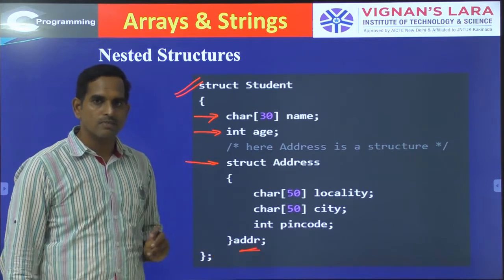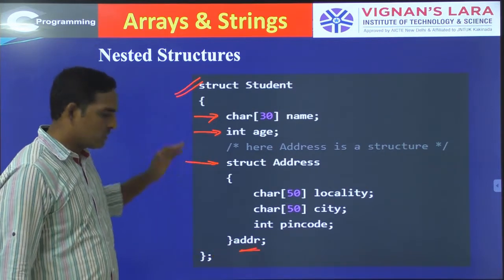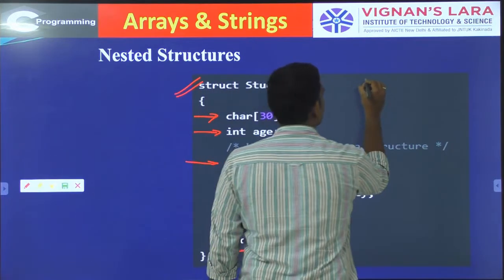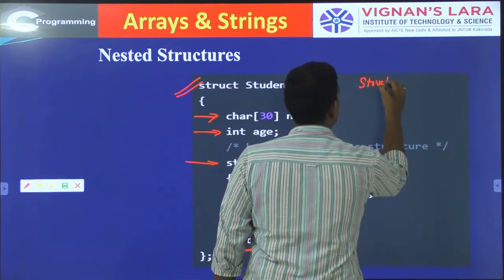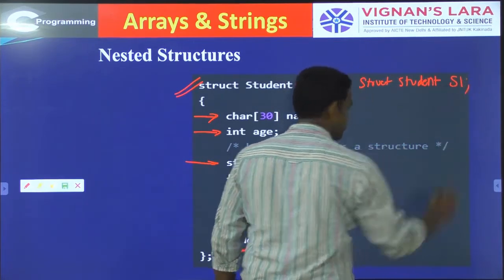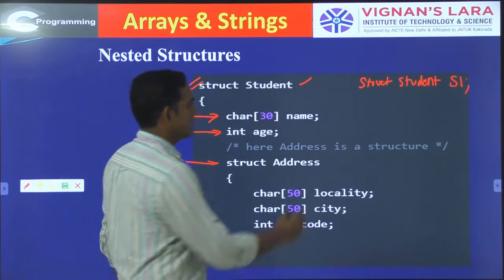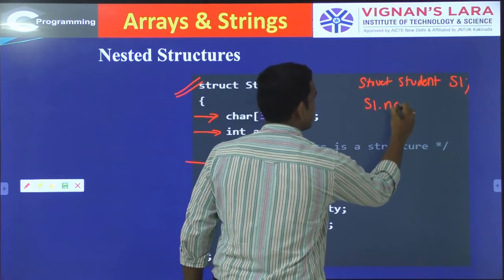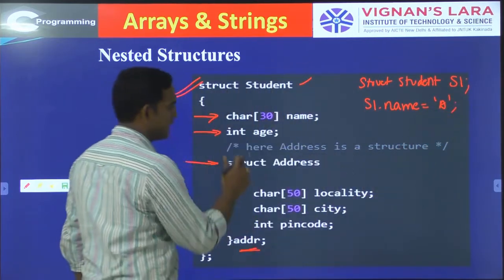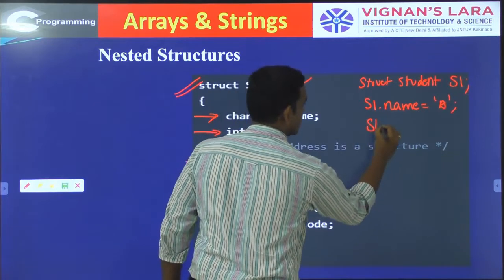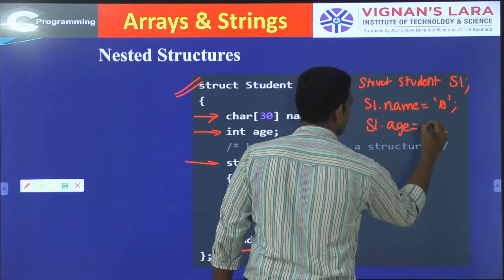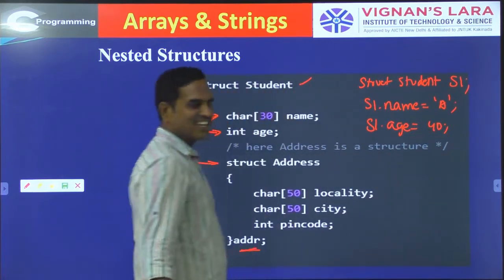and I am creating one variable addr. Now if I want to create variables, how do I create them? I have to create struct student s1. If I want to access name, directly I can access s1.name is equal to A. If I want to access age, I can directly access age; age is equal to 40.